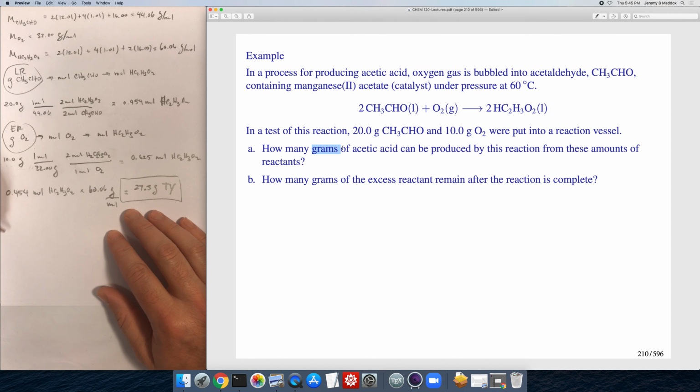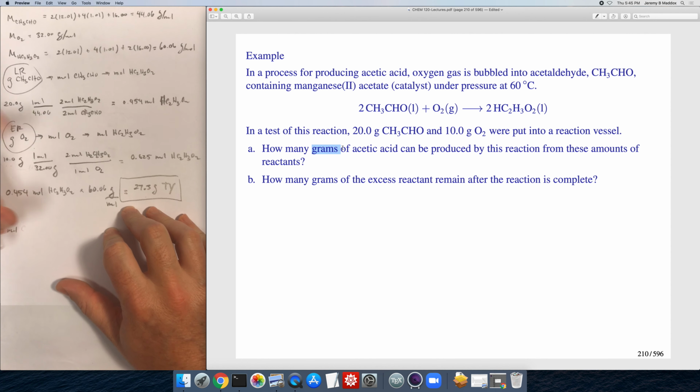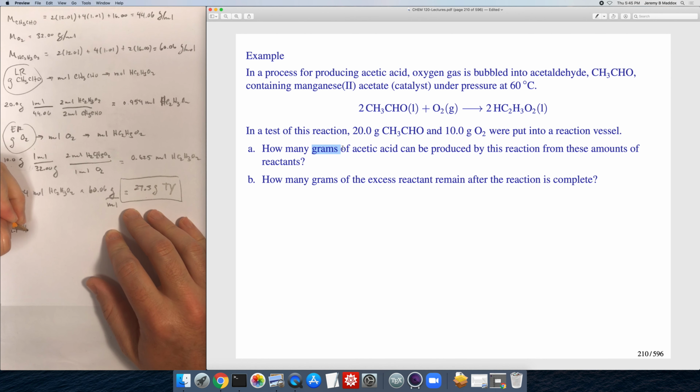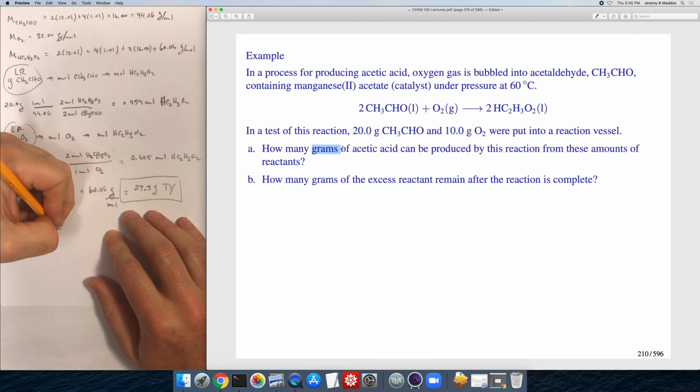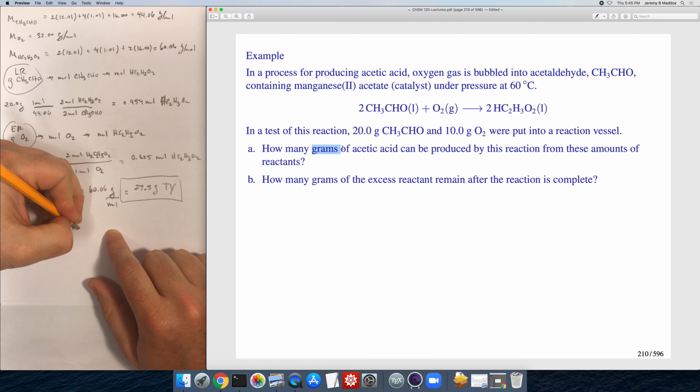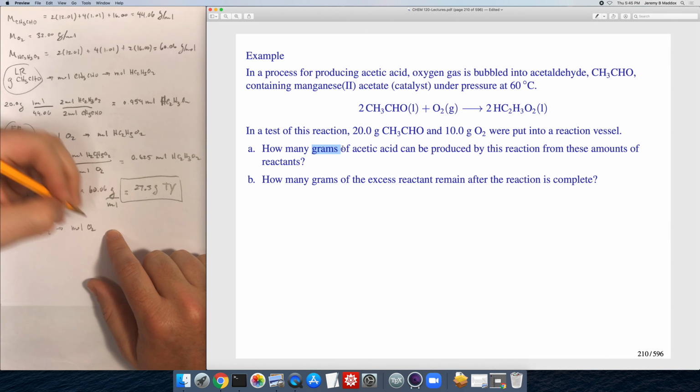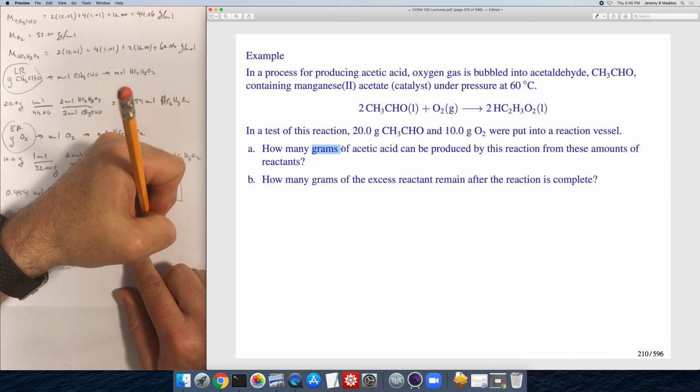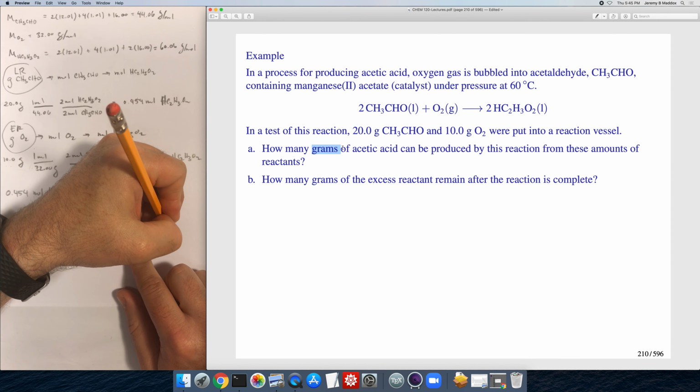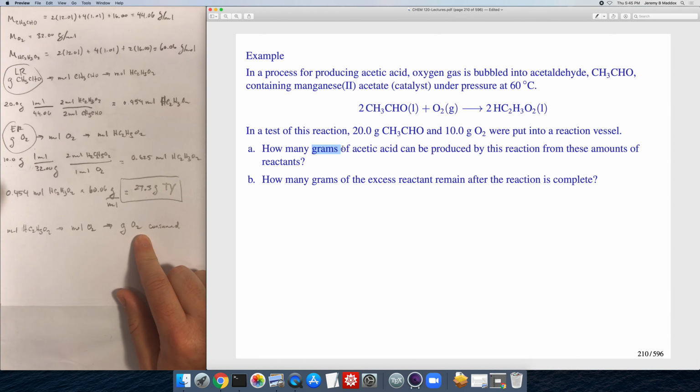So we are going to go from the moles of acetic acid, convert that to moles of oxygen, and then go back to grams of oxygen. That's going to be the amount of oxygen consumed, which we will subtract from the initial amount of oxygen.